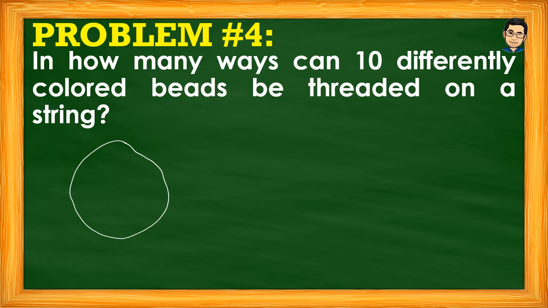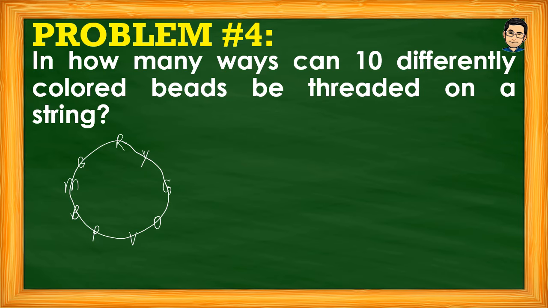So, magkakaibang kulay. For example, ito yung red, yellow, green, orange, violet, pink, brown, maroon. So, 1, 2, 3, 4, 5, 6, 7. Then, halimbawa, meron tayong gray.